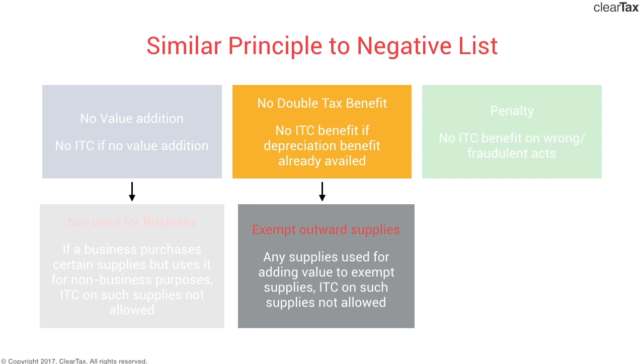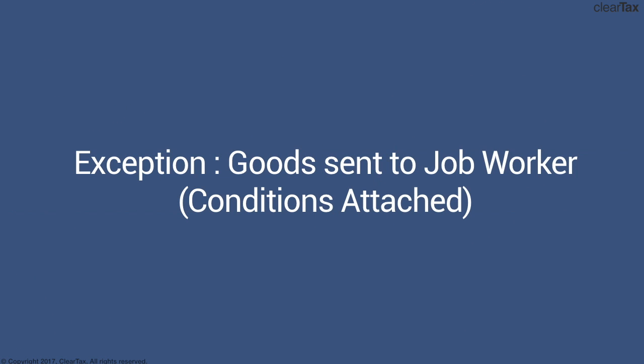So would there be input tax credit available for this situation for the principal? Well, yes. You could treat this as an exception to the general rule related to exempt outward supply. Goods sent to job worker, input tax credit is available, but of course there's a condition attached.